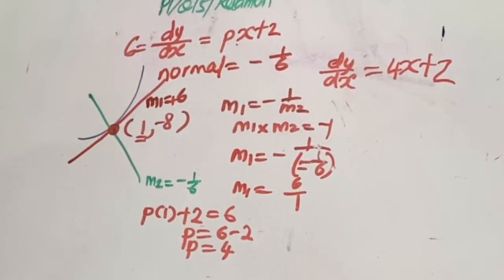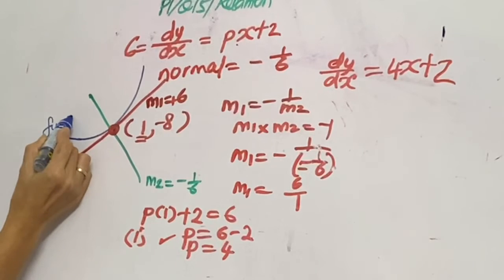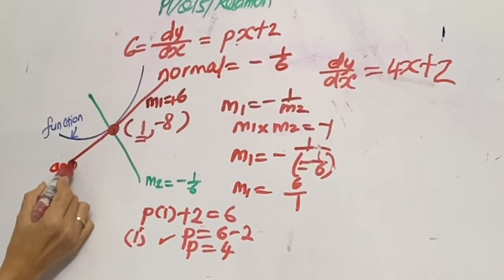Let's see what the question is. In part 1, p equals 4. And sure, they will ask you to find the equation of the curve. This is called the function, the blue one. The red one is the gradient function.